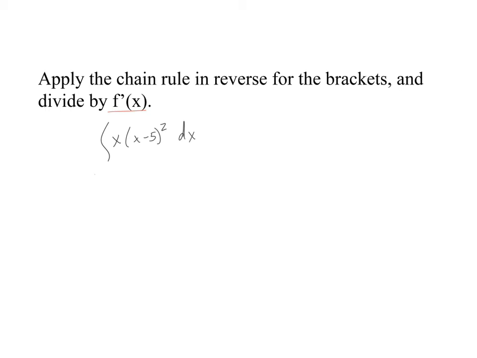Keep the x the same, raise the power to a 3, divide by 3, divide by the derivative of the inside, which is 1, and people would say, oh, there's my final answer. But again, if we tried to do the derivative, it doesn't work because this is now a product rule situation, so we'd have to do an f times g situation, which is not going to work. It'll give us a way different answer. So this one, we can't do the integral yet. It's not a chain rule situation. We'll leave that type till a little bit later on.